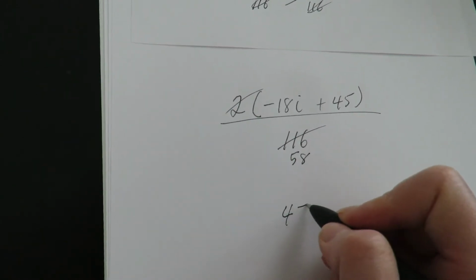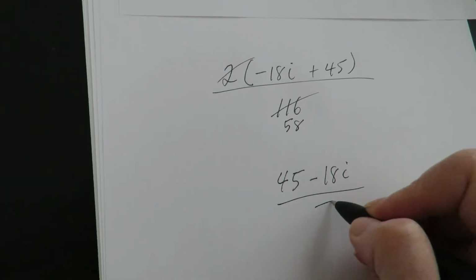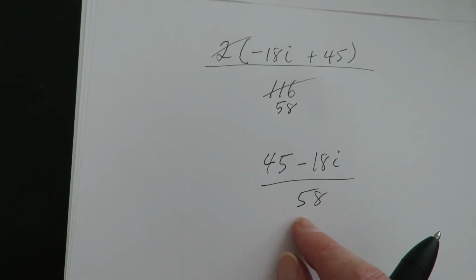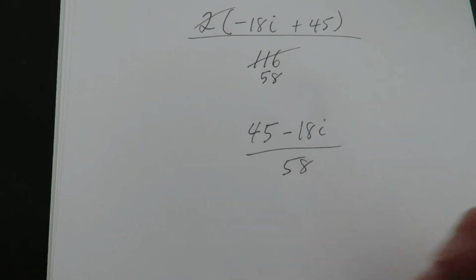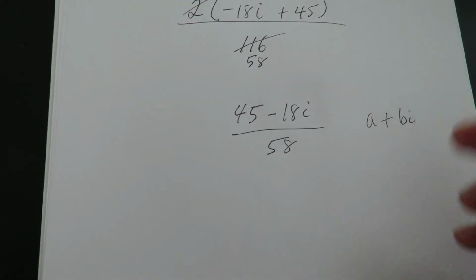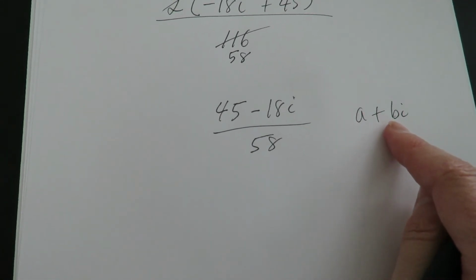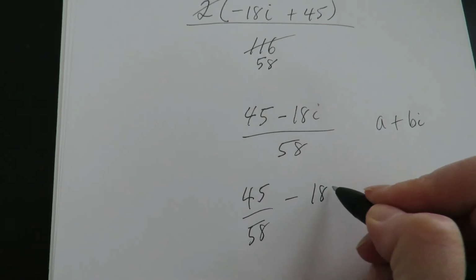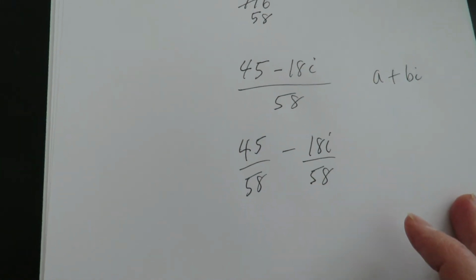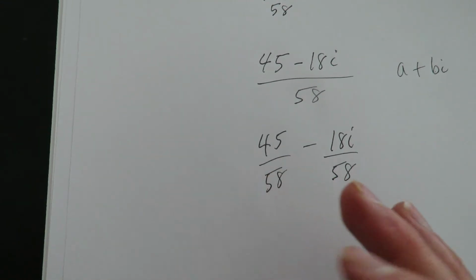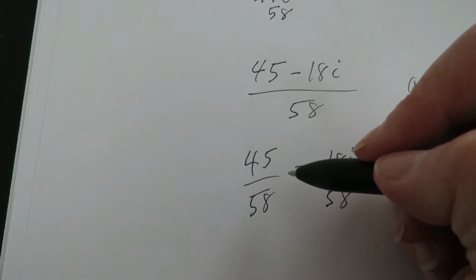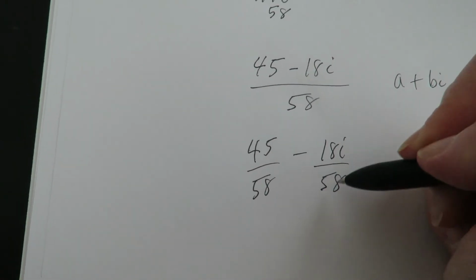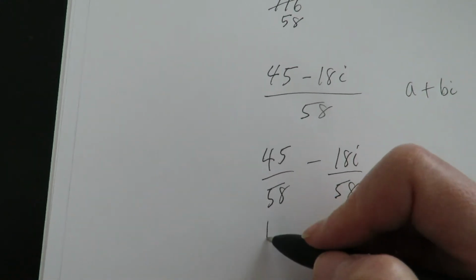So right now I have, and I'm also going to just move the order around here. I have this. Right now I would give you full credit for this because this fraction now is completely reduced. But technically when you hand in a complex number, the real and imaginary part are separate. So that would mean that I would write this like that. So this is a better answer, but if you notice, now that we've split it apart, you may have more simplification on one or the other parts.